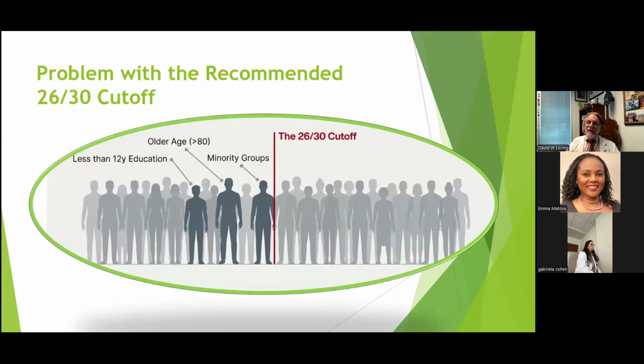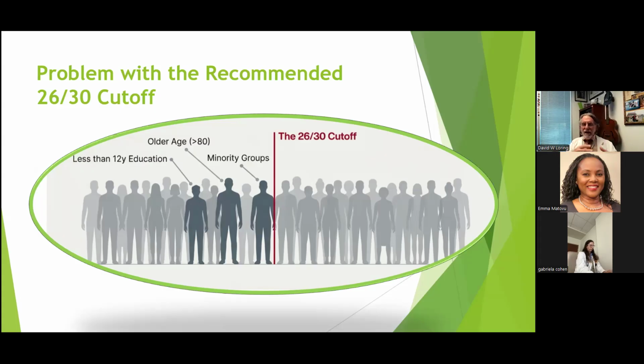So the fundamental problem is that the cutoff that was derived by Nasreddine is only from a single population. This is Montreal, Canada. I don't even recall how many, but they were derived from one clinical context, and one clinical context or environment by definition will not generalize to all patients and into all settings.